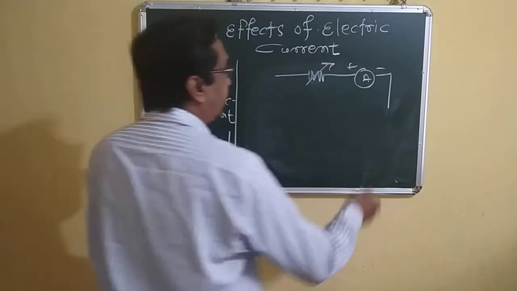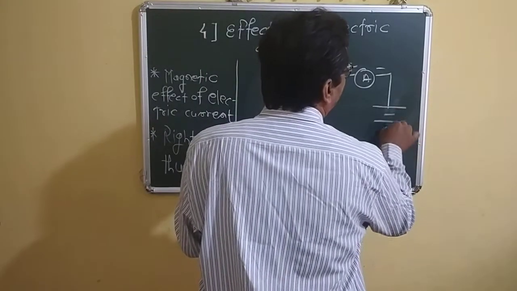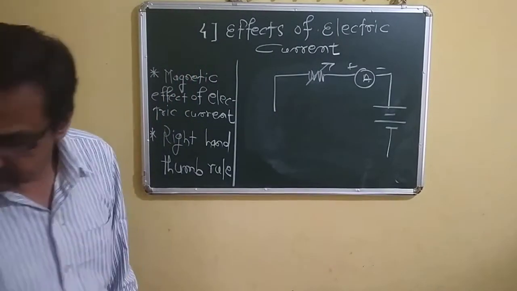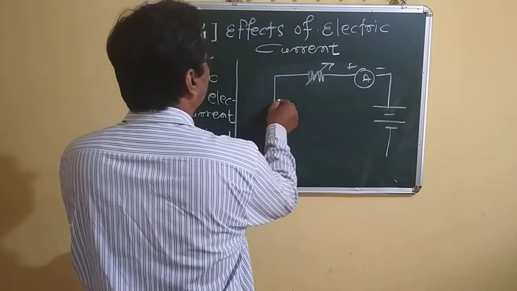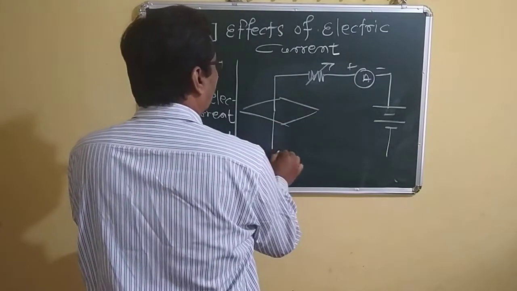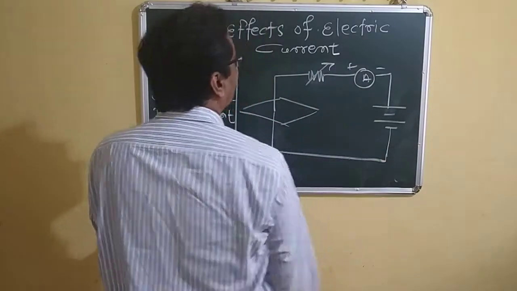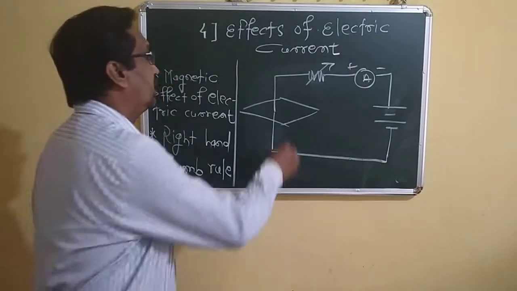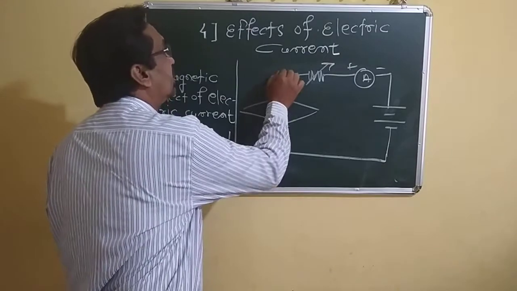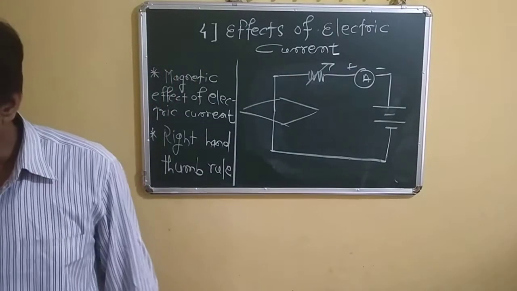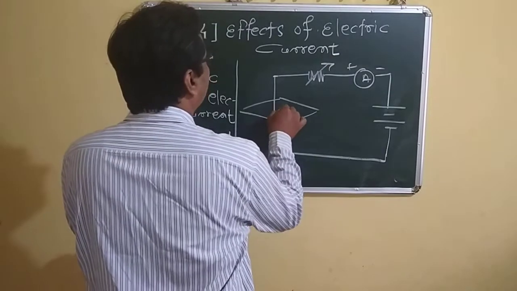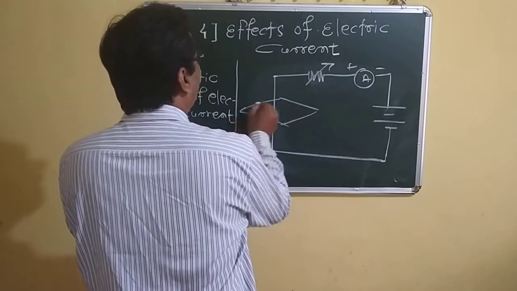After that a cell is there, and we have to insert a cardboard. Here is a copper wire, a conductor, which can be inserted through a cardboard.